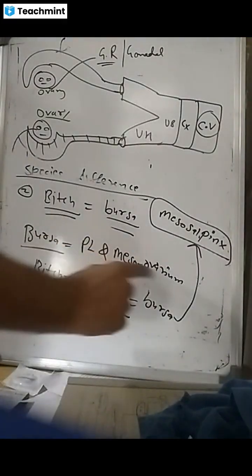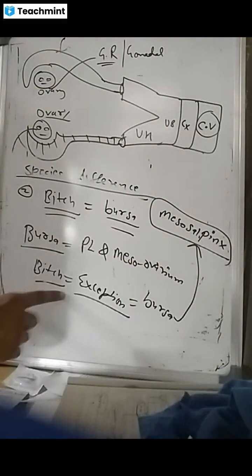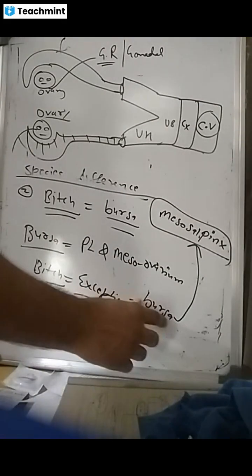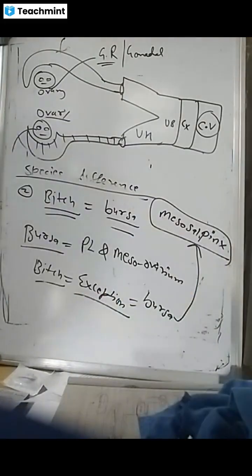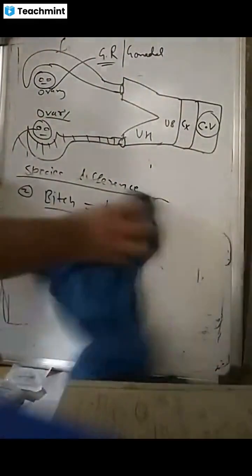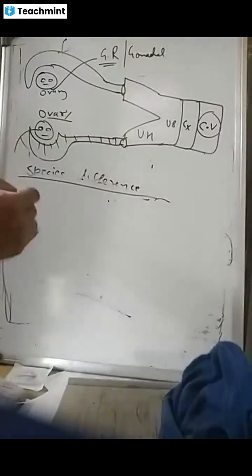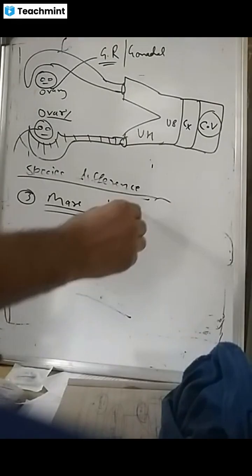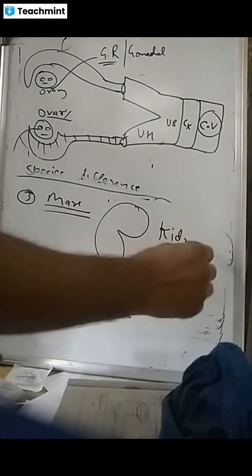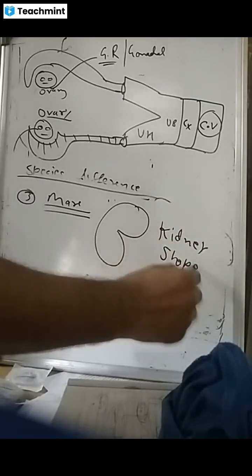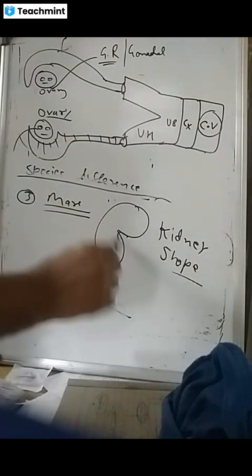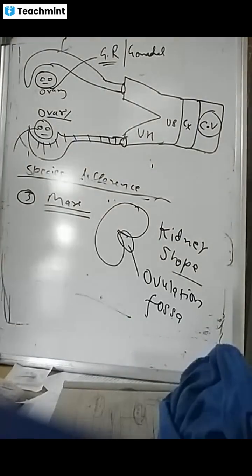In other species, the bursa is formed from the mesovarium, and this bursa surrounds the salpinx. In mare, the ovary is kidney shaped, with the ovulation fossa.